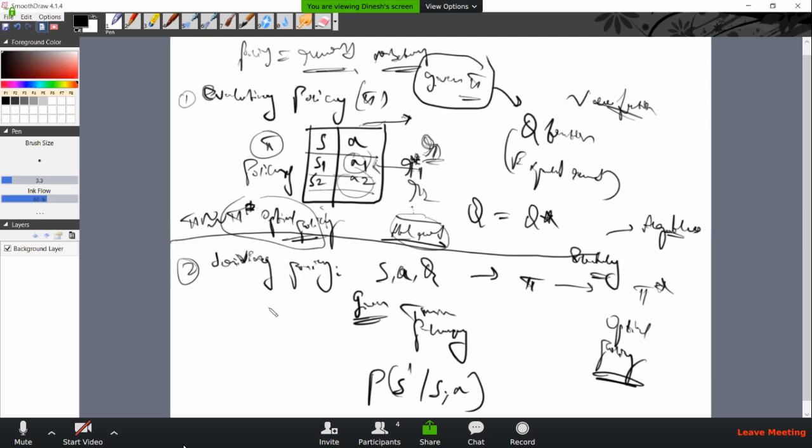And then deriving a policy is nothing but this: you don't have a policy, or you don't have an optimal policy.